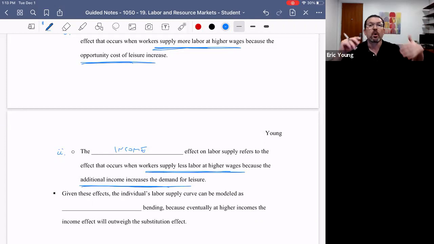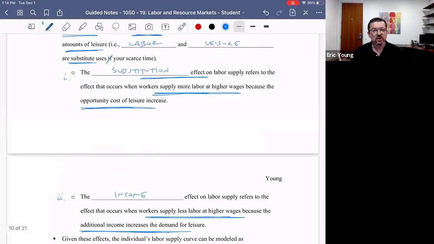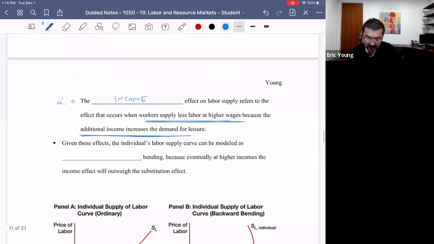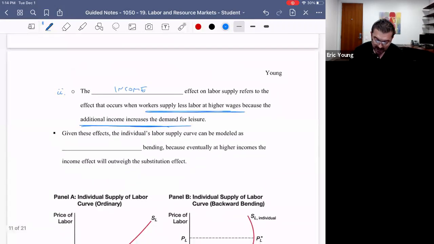And as you make more and more and more income, get this, you can afford more leisure, and therefore you're going to demand more leisure. So we've got these two kind of contradictory forces in play. The substitution effect says that as wage rates go up, you're going to work more. The income effect says as the wage rate goes up, you don't need to work as much and you're going to work less.